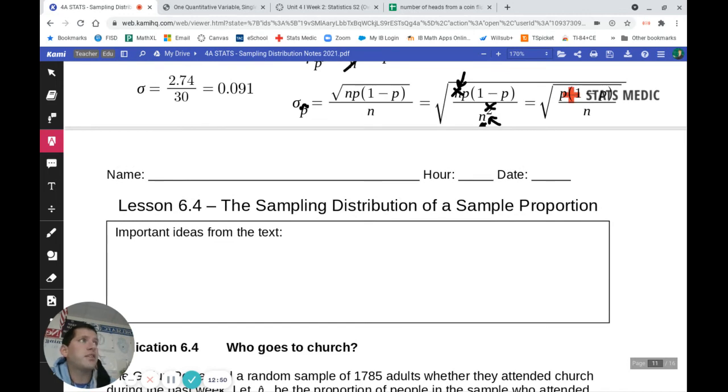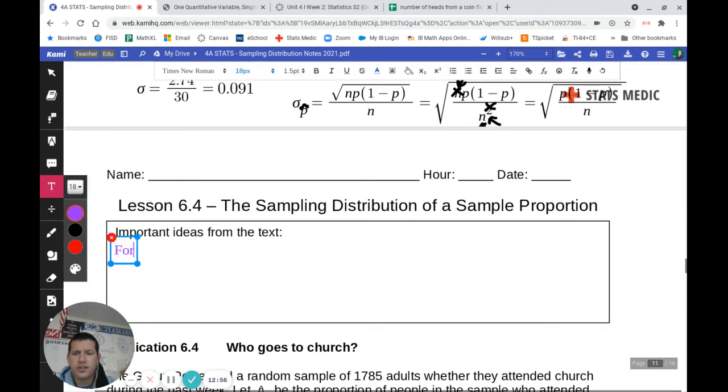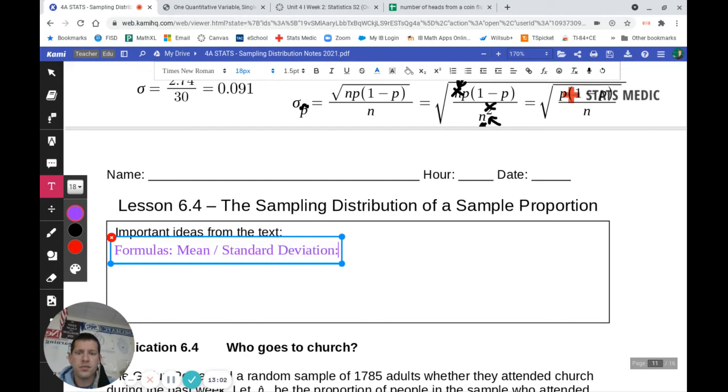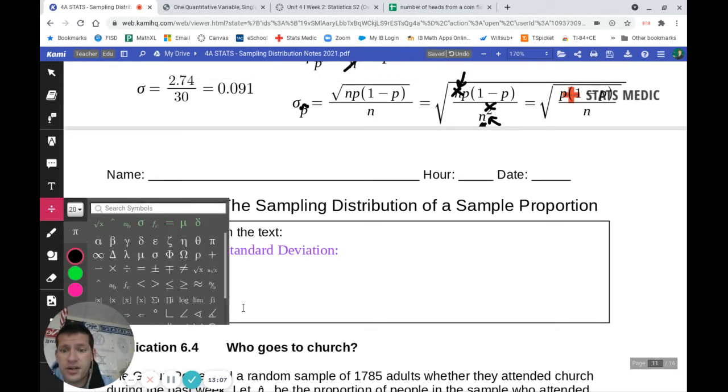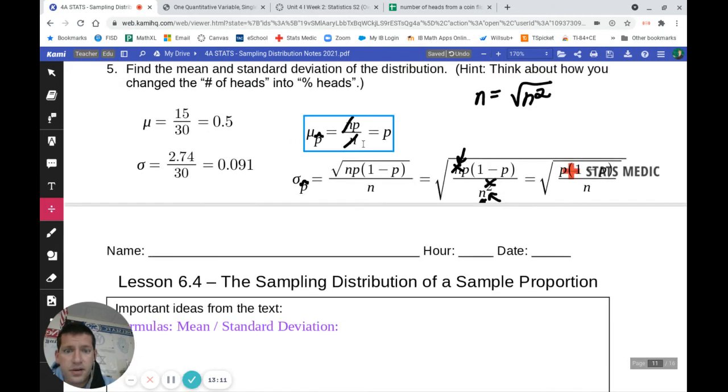So some important ideas are going to be those formulas. First we want our formulas for mean and standard deviation. I'm going to go to my equation editor here, and honestly, I'm just going to copy what I have here. Can I duplicate it?